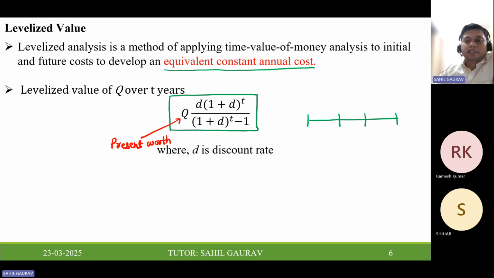Yeah, like if you have this, let's suppose this is the initial year, that is T equal to 0, and T equal to 1 after 1 year, and T equal to 2, and T equal to 3. So initially, if you have 10 lakh, and after, based on the discount rate, it will depend like this.